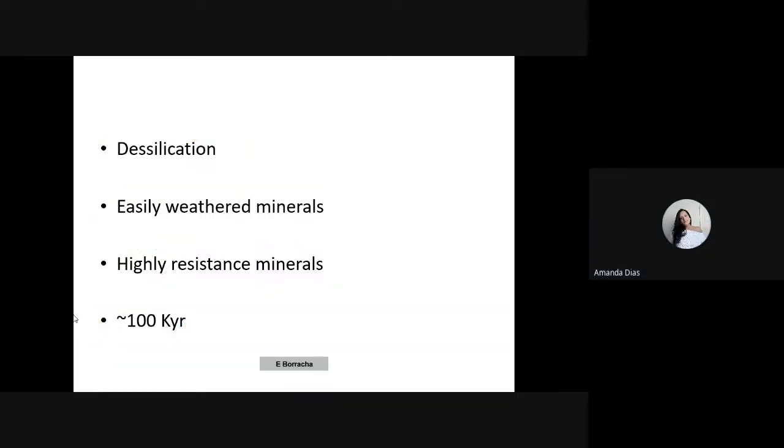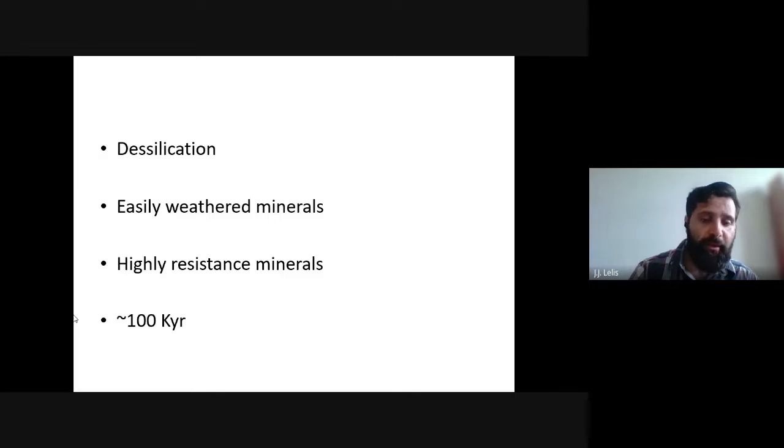I remember we have a graphic, a kind of graphic with colored Bowen series, with the resistance of the minerals. That's okay? Yeah. I don't like the Bowen series very much, because it's not so simple.